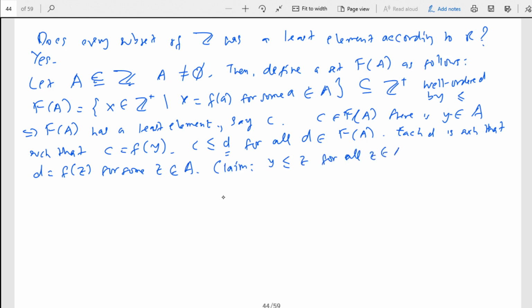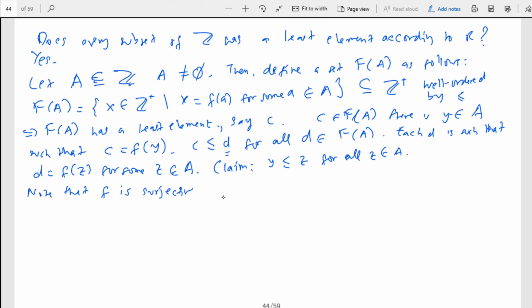So the idea here is to use the fact that we also note that f is also surjective.